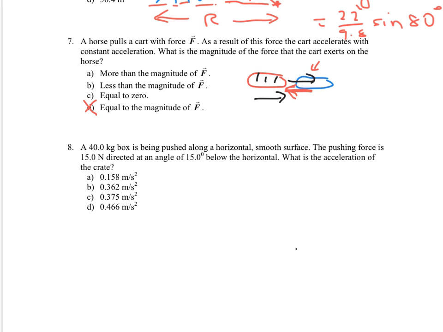Okay, next problem. A 40-kilogram box is being pushed horizontally along a smooth horizontal surface. The pushing force is 15 newtons directed at an angle 15 degrees below the horizontal. So what you have is a box, and you push down on it 15 newtons.